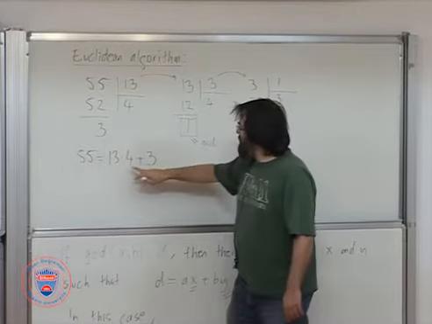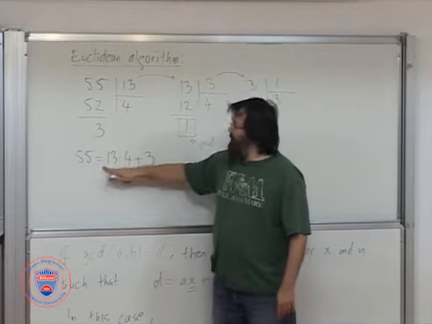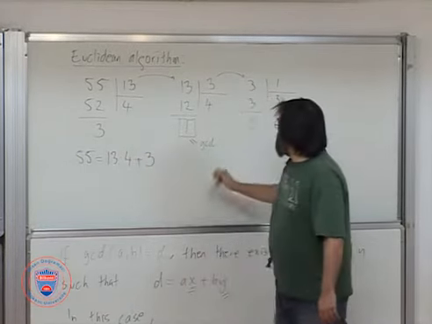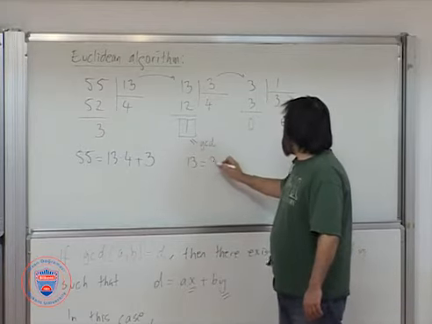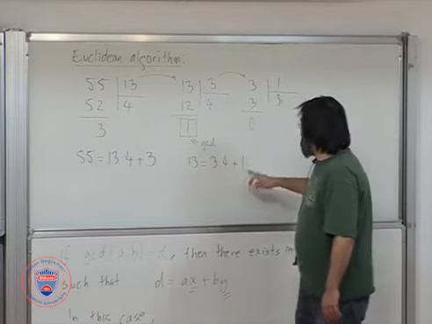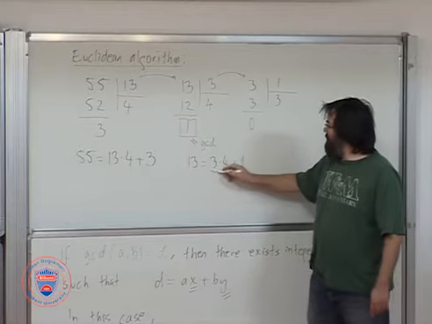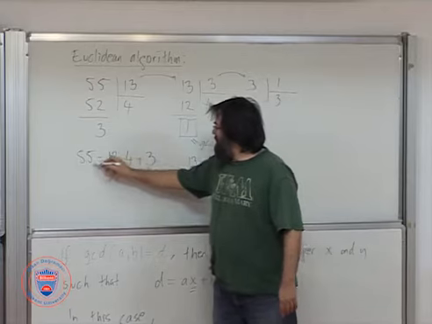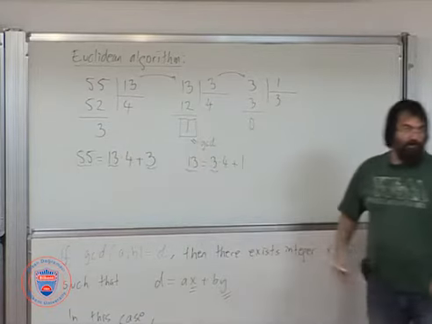So 3 is actually a combination of 55 and 13 from this division relation. Similarly, 1 is a linear combination of 3 and 13. So the special numbers are these numbers. The rest is just coefficients.